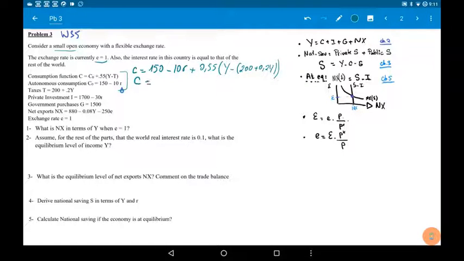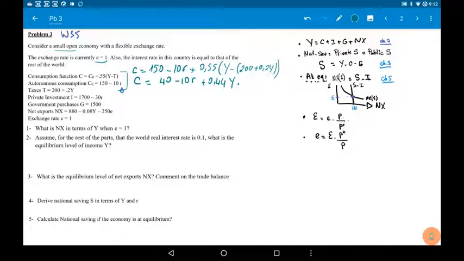This is reduced to 40 minus 10r plus 0.44Y.